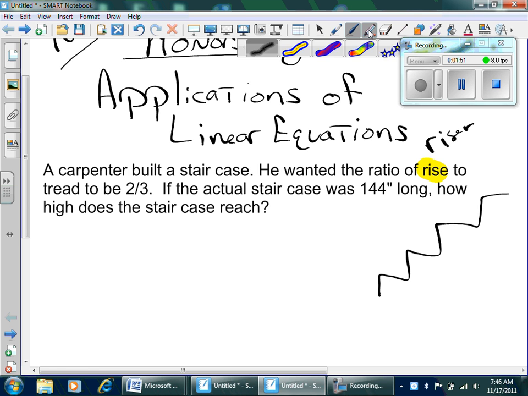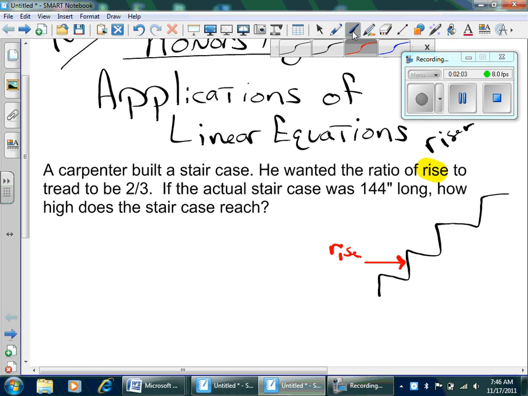Let me change color so you can see this right here. That's the riser, how much it's going up. And then it says compared to a ratio of the tread. Well, tread is kind of where you step. I would think that the tread must be this part.